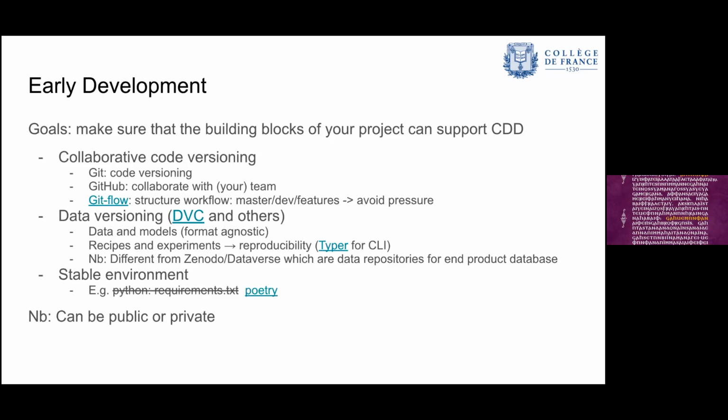At this point, you are mainly collaborating with your team, and that's all. You should have in mind that all three sections that I discussed are mainly there to make sure that you will be able later to support continuous improvement and collaborative data design without such a big upgrade.